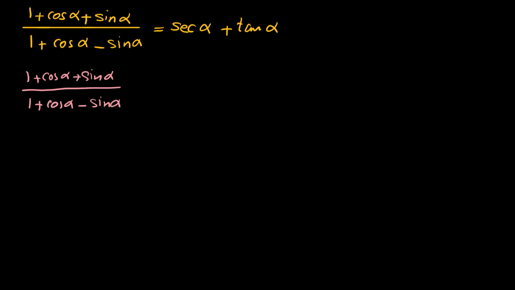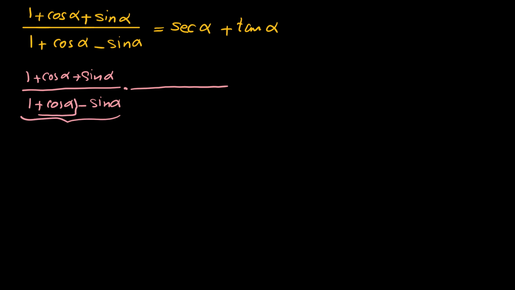If you have watched my other video for proving trigonometric identities, which covers more basic examples, probably you remember one of the techniques for proving identities is multiplying by the conjugate. Here we can multiply the numerator and denominator by the conjugate of this.